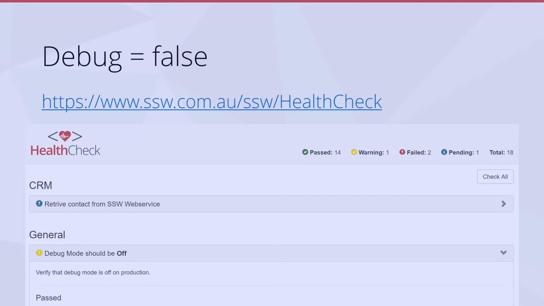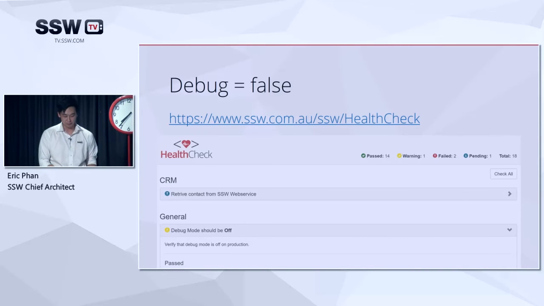Okay, some of the other things in terms of code is running it in debug mode in production. I've done that a few times. We found when clients have called us up a few times, this is one of the things that we'd first check for. So we've got a tool called Health Check that has this check out of the box, and we run that on our website, which I can show you.